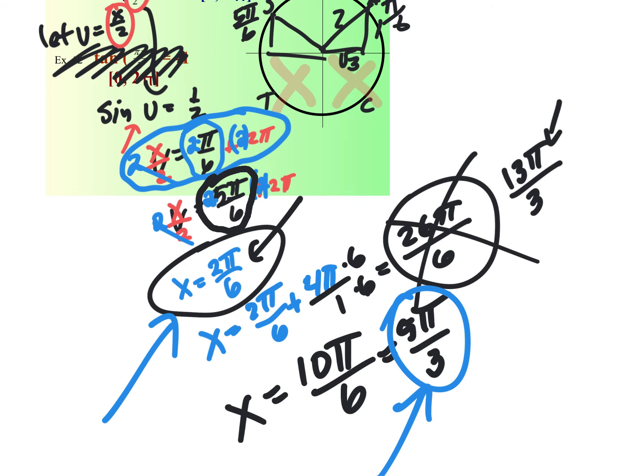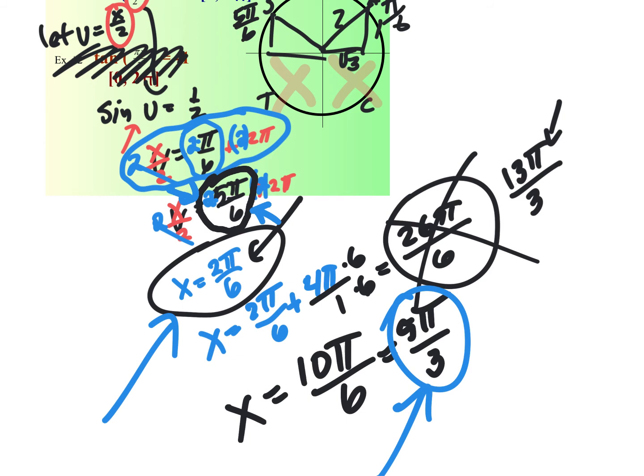Yes? Don't you have to add, like, that 5 pi over 6 with that 2 pi, and then what? Okay, so our first answer is just this in the black circle right here, which is 5 pi over 6, but times 2.